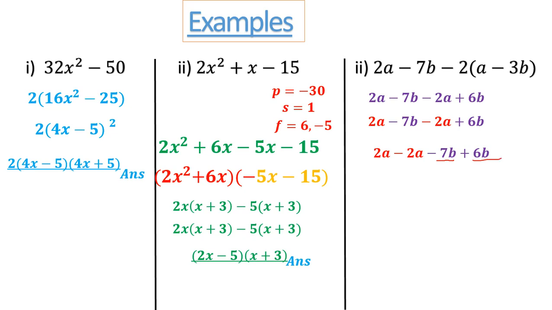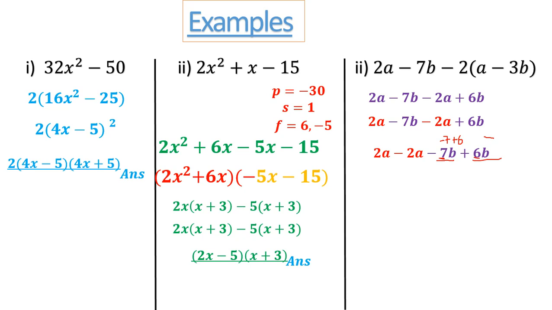Let me just remind you, we do not add or subtract letters. What we deal with are numbers in front of your letters. So here we have a negative 7, and this side we have a positive 6. So we have negative 7 plus 6. Because the signs are different, I'm going to get the sign for the bigger number. So 7 here has got a negative. I'll keep a negative.